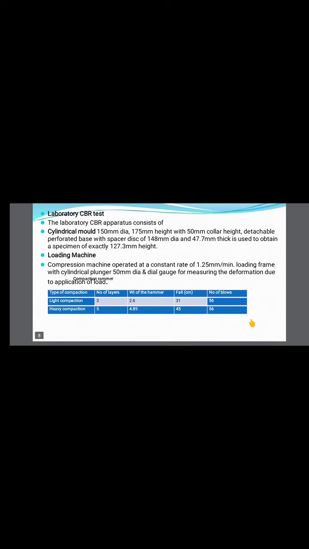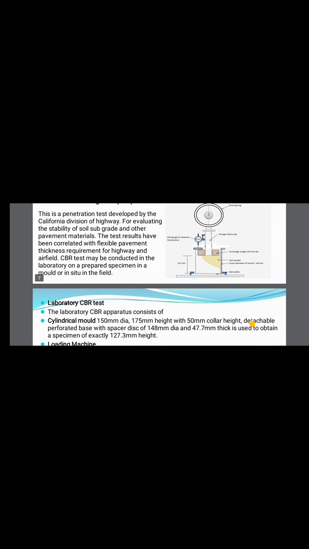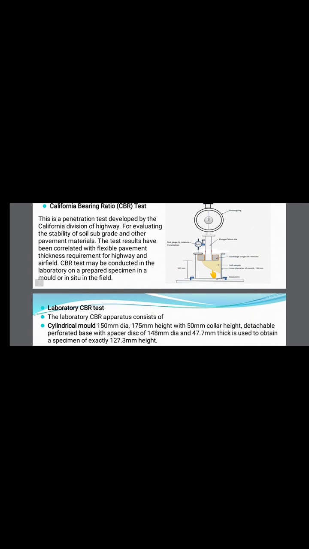To perform it in the laboratory, the CBR apparatus consists of a cylindrical mold, 150 mm diameter, 175 mm height. This is your cylindrical mold. It is 150 mm diameter, 175 mm height, and has a 50 mm collar. Here we are going to have the collar.